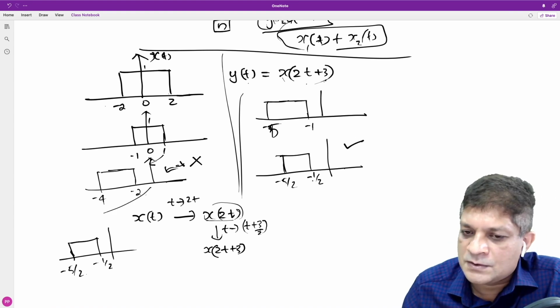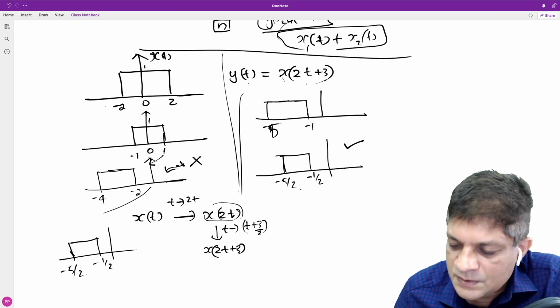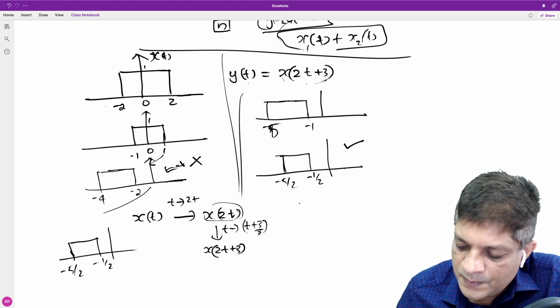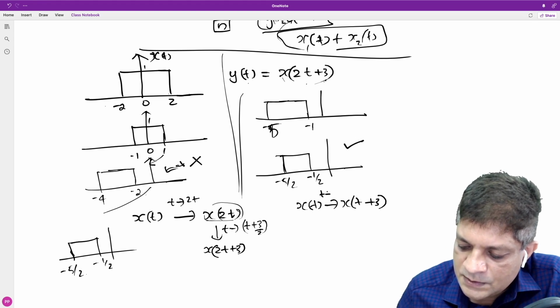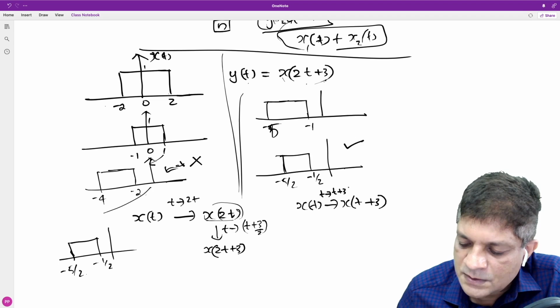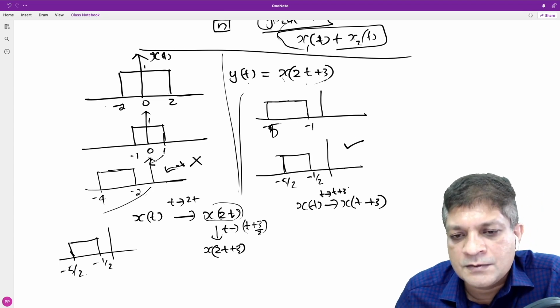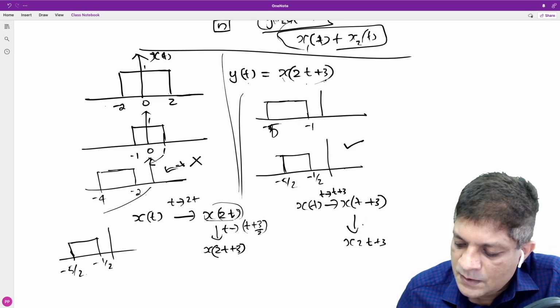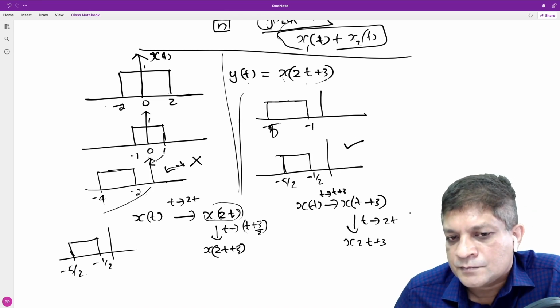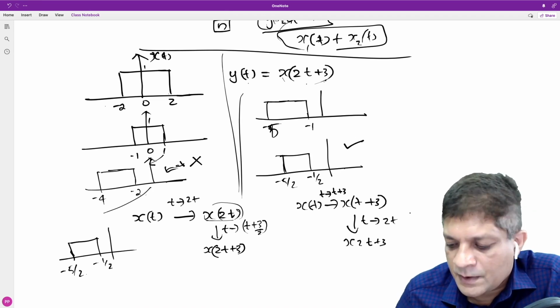And if we start with the time shifting operation, we are starting with x(t), then x(t plus 3). That is, you are shifting the signal t to t plus 3. That means we are shifting it left by 3. And now from here, to get x(2t plus 3), that is compression by a factor of 2.